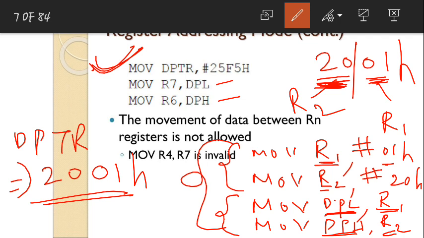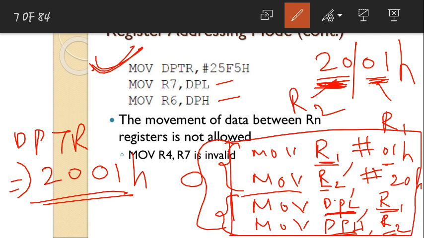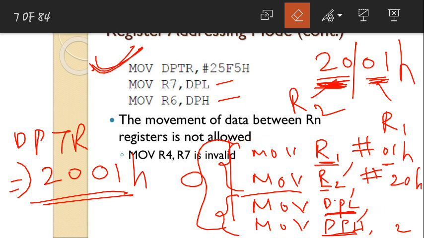Okay, is that fine? So now see here, instead of writing all these 4 steps, I can easily wind up writing in 2 steps also. Okay, instead of writing all this, this is using register addressing mode. Instead of that I can directly use immediate addressing mode and I can write here itself 01 and 20H.